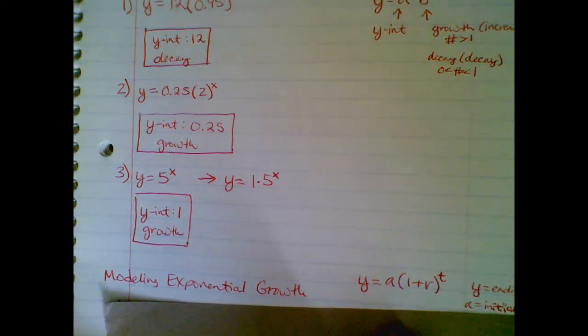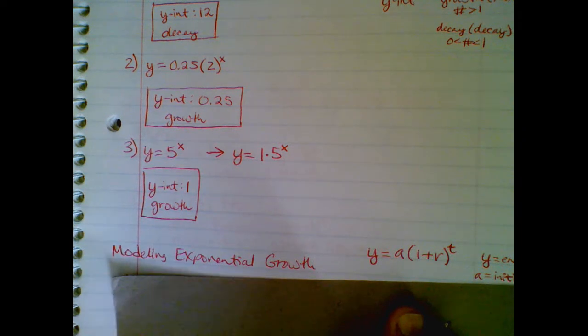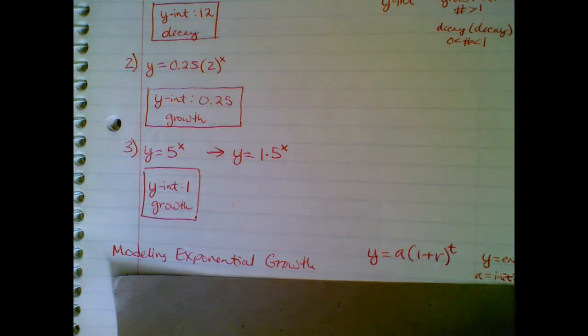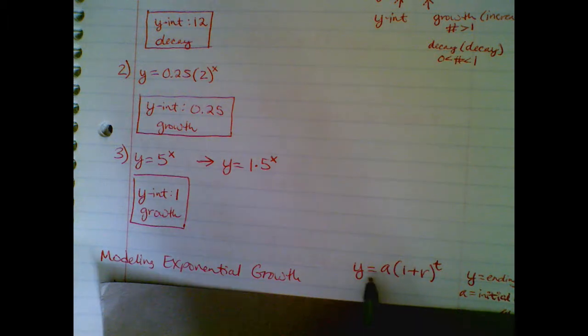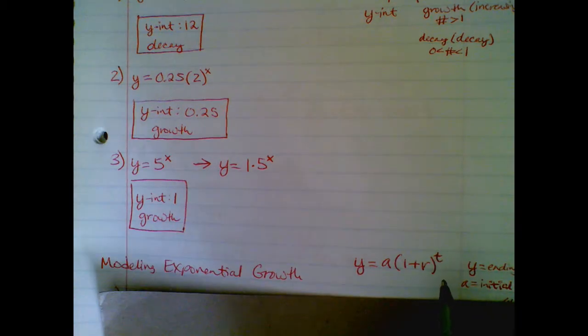Now this next type of problem we're going to take a look at is some word problems. The equation just changes a little bit, so it's going to be y equals a, parentheses 1 plus r, to the t power. Notice if it's an exponential growth, that should be a plus sign. If it's an exponential decay, so the problem should be decreasing, then that should be a minus sign right there.